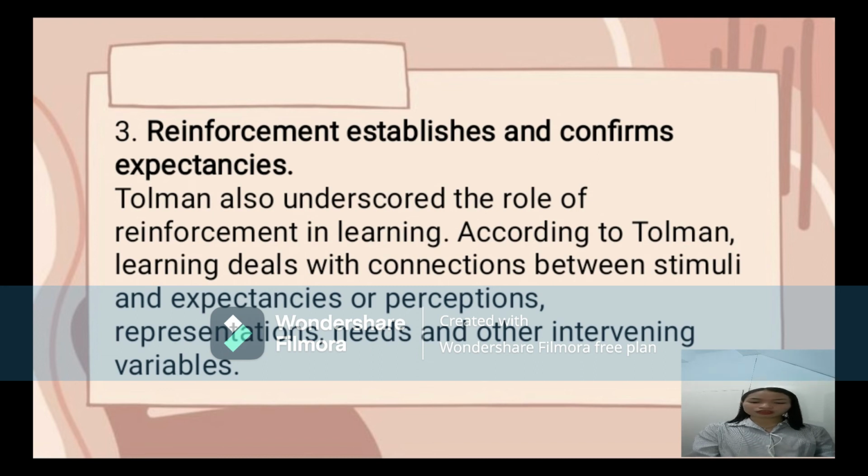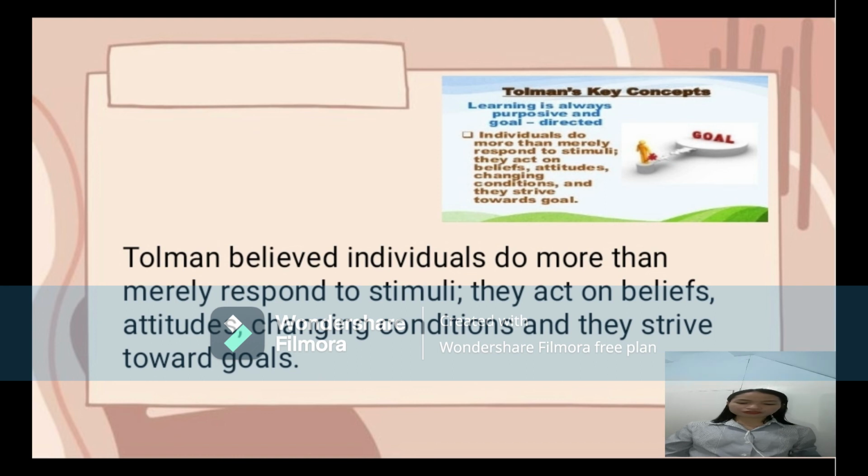Tolman concluded that reinforcement is not essential for learning, although it provides an incentive for performance. In his studies, he observed that a rat was able to acquire knowledge of the way through a maze, for instance, to develop a cognitive map even in the absence of reinforcement. Tolman believed individuals do more than merely respond to stimuli. They act on beliefs, attitudes, and changing conditions, and they strive toward goals.